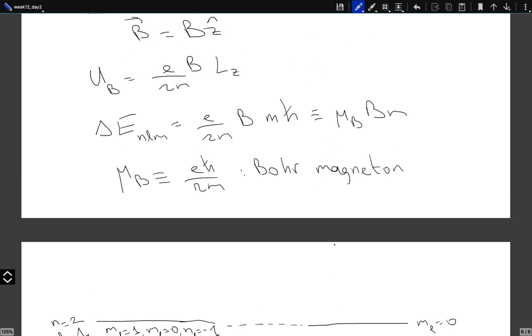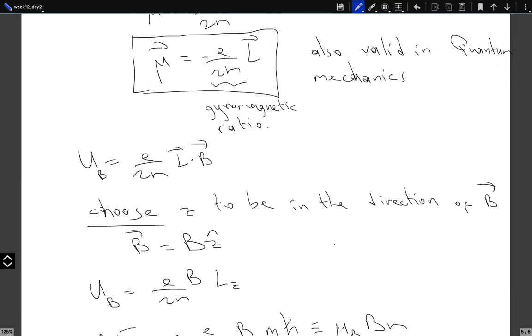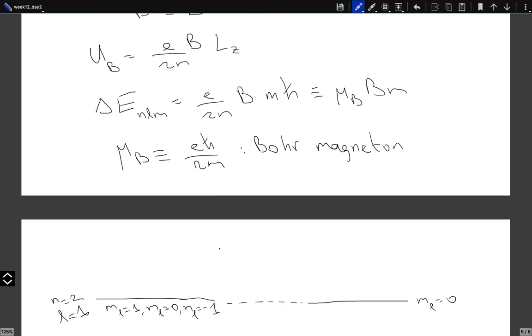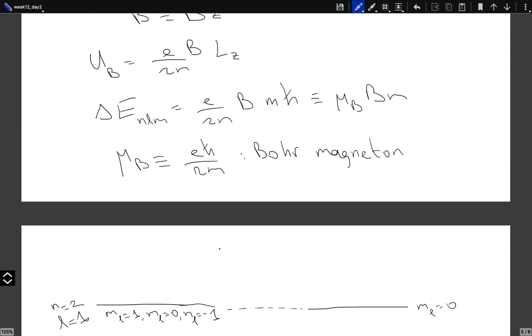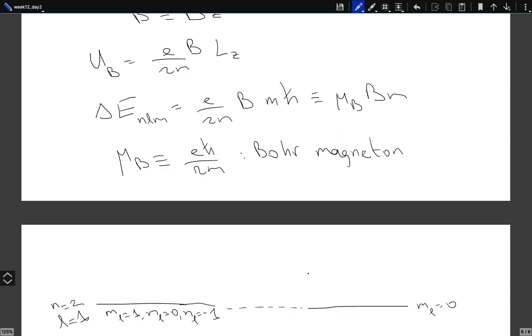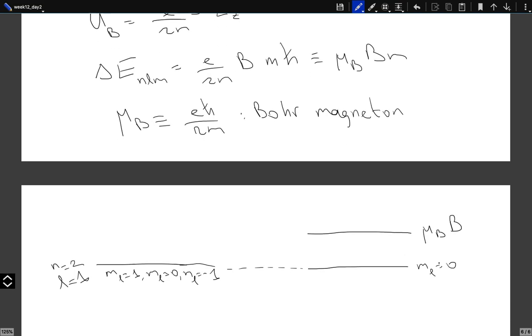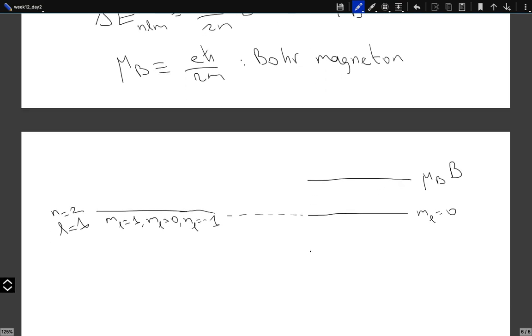For ML equal to 1, I acquired an energy mu B times B, and ML equal to minus 1, sorry, this is ML equal to 1, this is ML equal to minus 1.